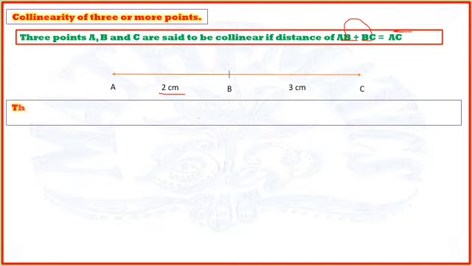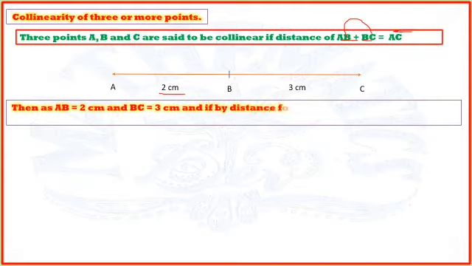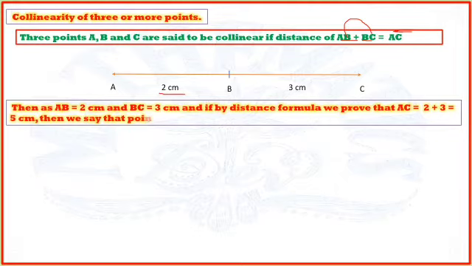If it is 5 centimeter, then as AB is 2 centimeter and BC is 3 centimeter, and if by the distance formula we prove that AC is 2 plus 3 equals 5 centimeter, then we say that points A, B and C are collinear. Collinear means they lie on the same straight line.